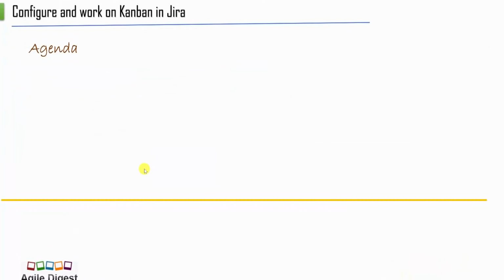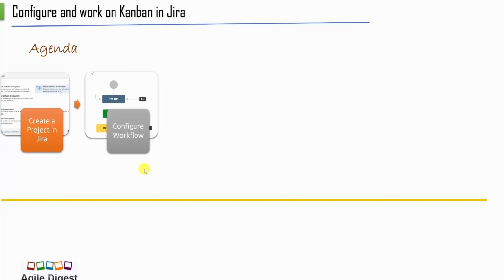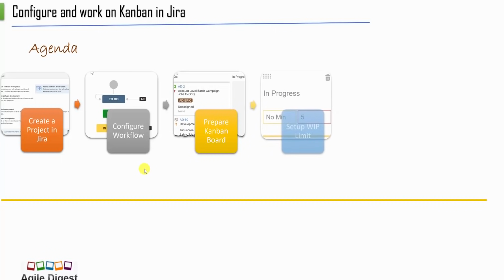This will be our agenda today. Within Jira, we'll first create a project, then configure the workflow, then prepare a Kanban board, and then set up the work in progress limit.